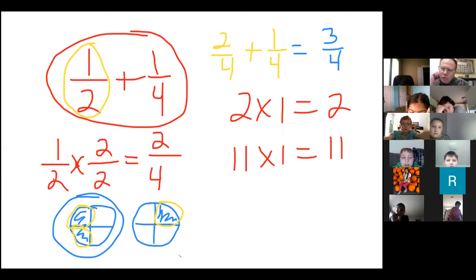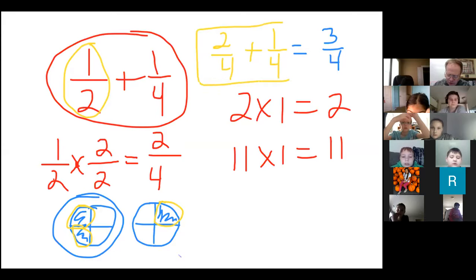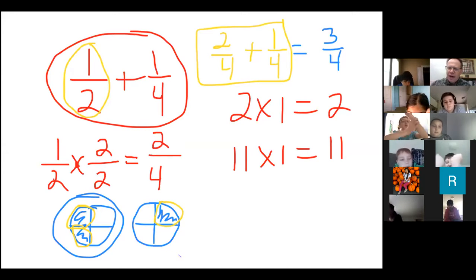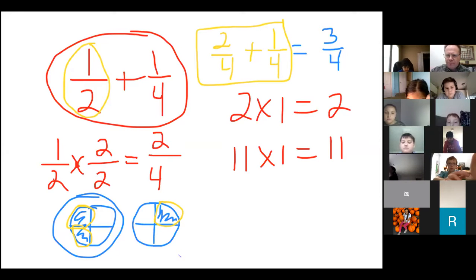So you can see in a picture, it works the same way. But mathematically, all I need to do is get a common denominator for the one fraction. Then once I have that common denominator, I can put it together. All right. Any questions on this particular lesson?